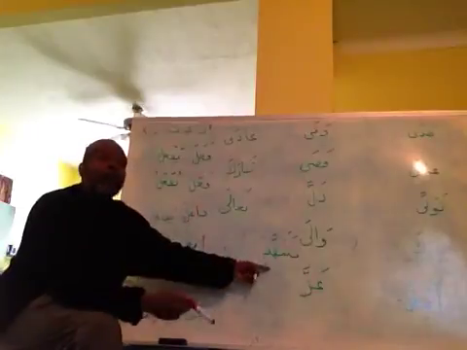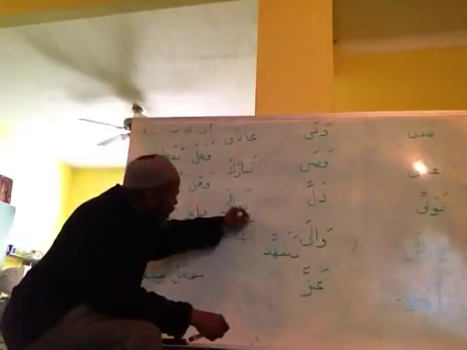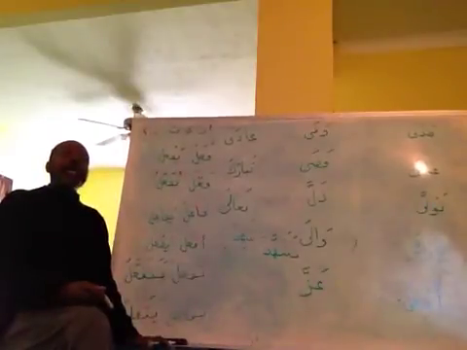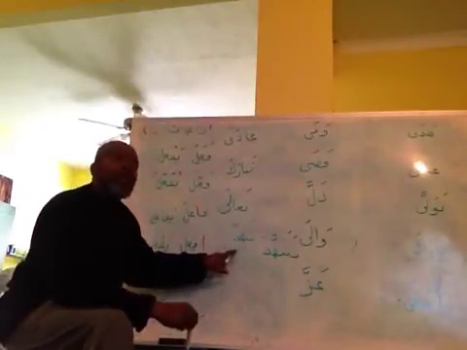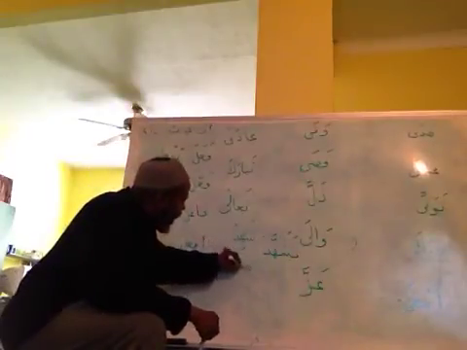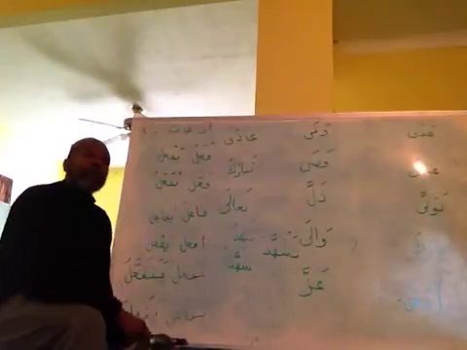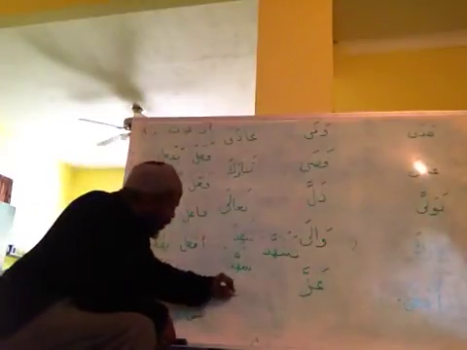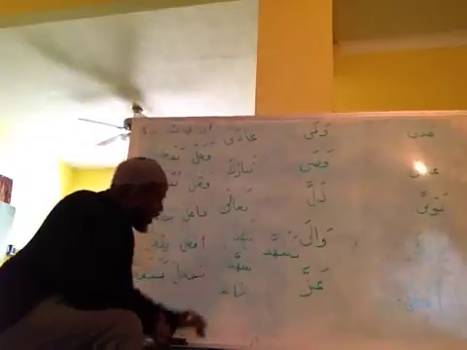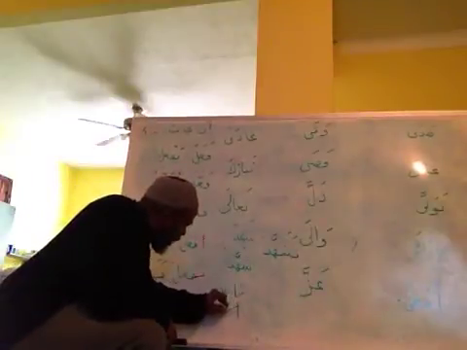watch. Let's take this from form 1. It becomes what? Shahida. That's form 1. Make it form 2. Shahhada. Make it form 3. Shahada. Make it form 4. Come on. Ash.